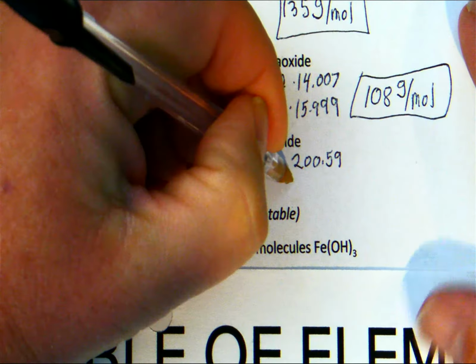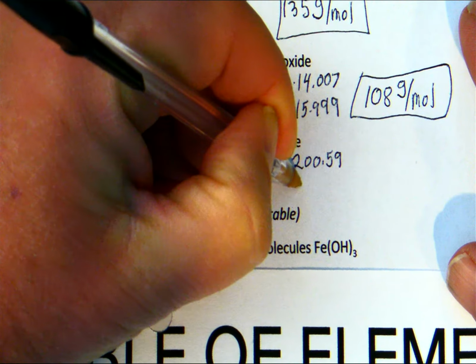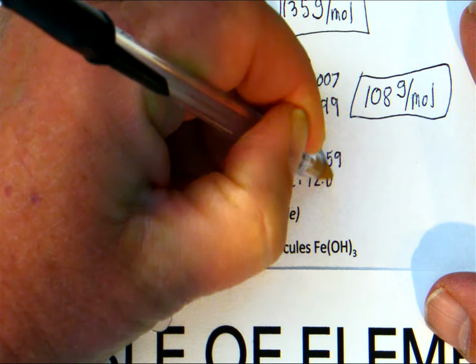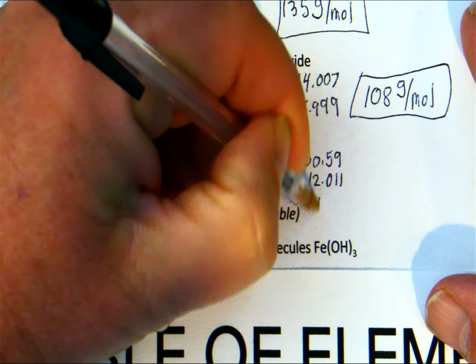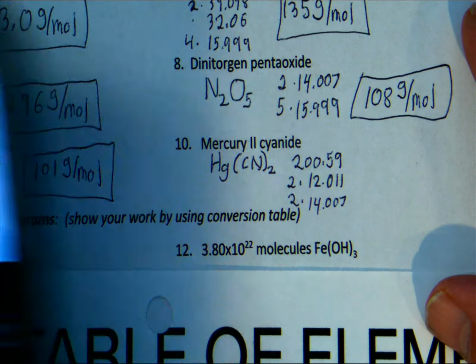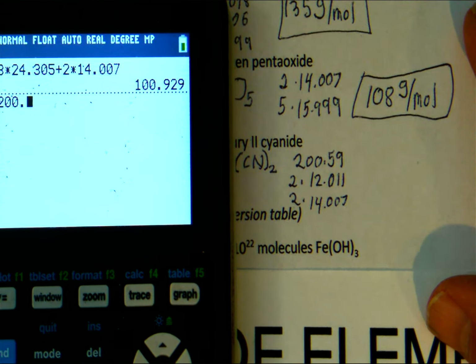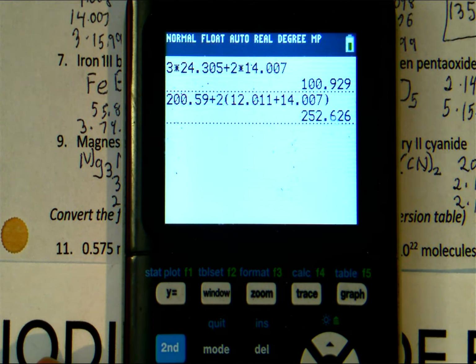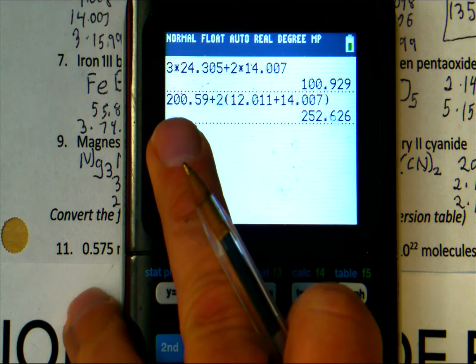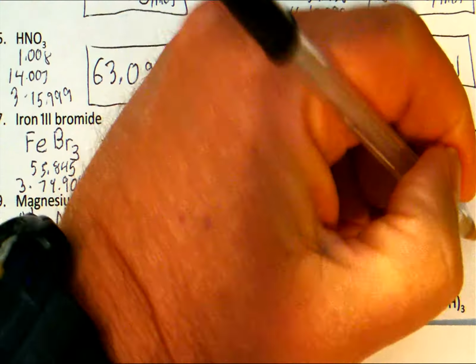So I could do them individually and say 2 times 12.011 and 2 times 14.007, or 200.59 plus 2, and I'm going to open parentheses and go 12.011 plus 14.007, close parentheses. And that looks like a reasonable result, 253 grams per mole.